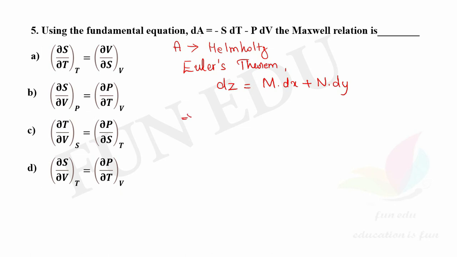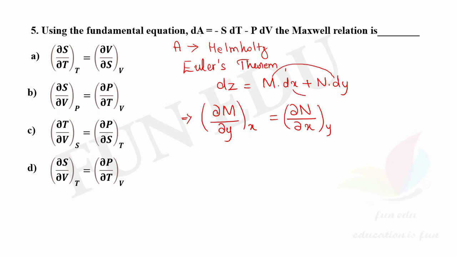And from this we can write, see, delta m by delta y at constant x is equal to delta n by delta x at constant y. Okay. How have we written this particular equation? So just cross differentiation. Okay.